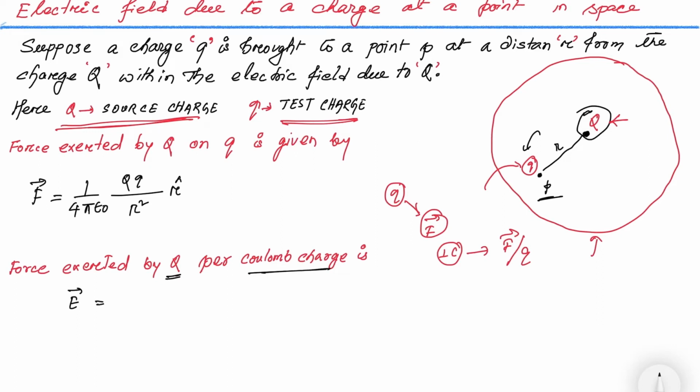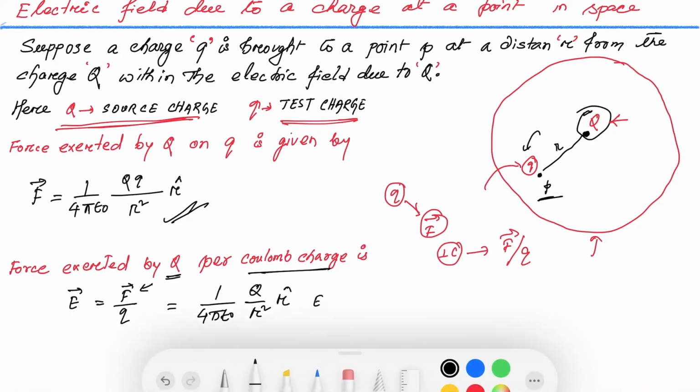That's the electric field E, that's F by q, right? And if you use this expression here, then that's going to be equal to 1 by 4 pi epsilon naught, capital Q by r square, r cap. So this is the expression for electric field.